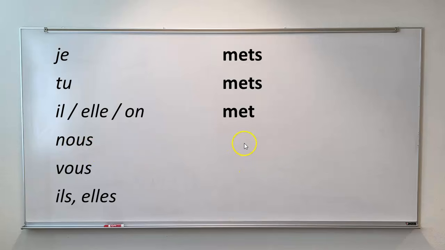Nous. Now there's going to be a change here in the sound, or in the vowel. So the pronunciation will change. So we have me for nous. We have nous mettons. Nous mettons. We put. Vous, you put. Vous mettez. And then finally, they put.